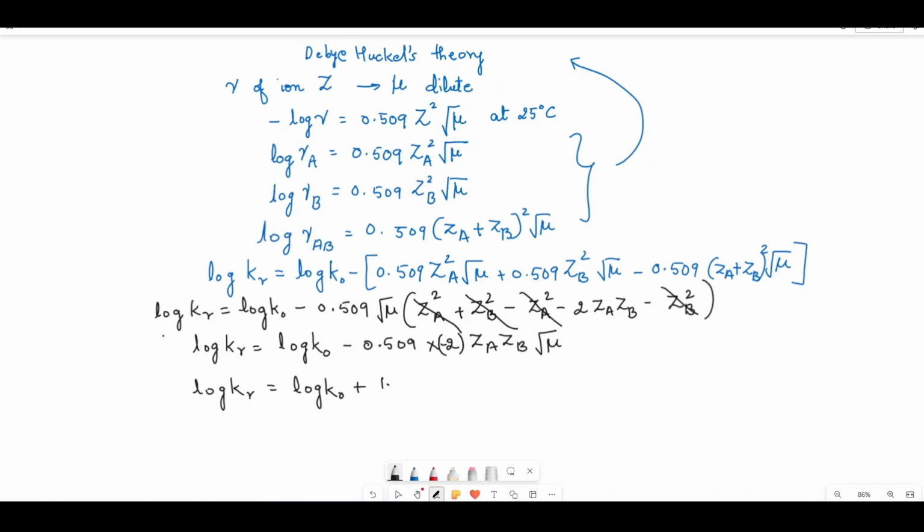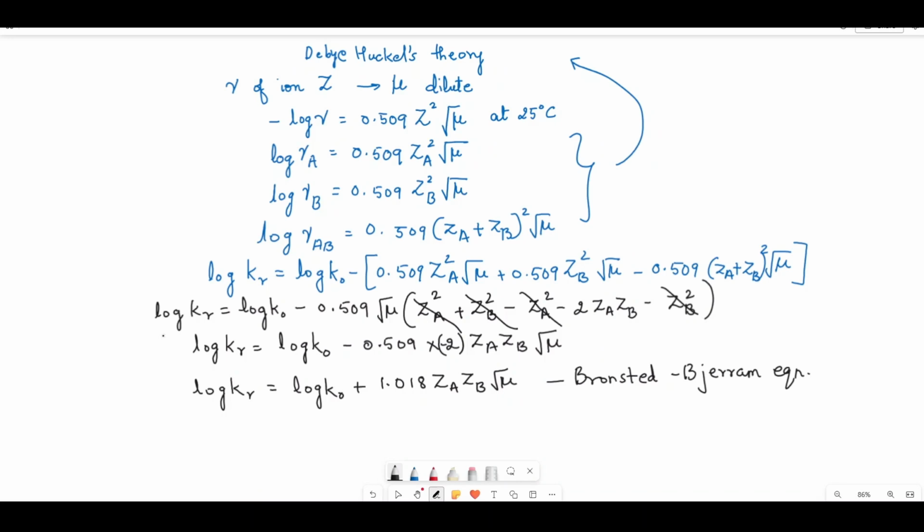So we have 1.018 ZA ZB under root of mu. This equation is known as Bronsted-Jerome equation.